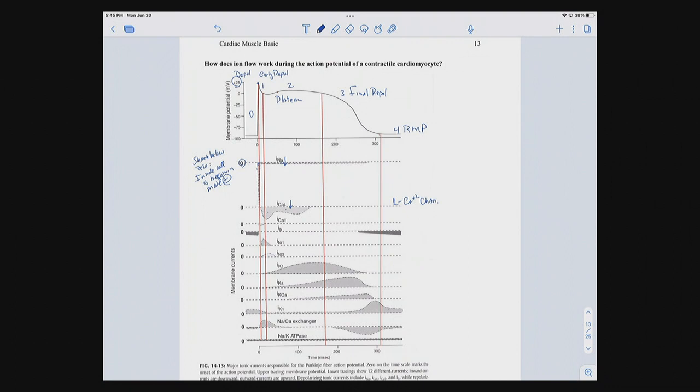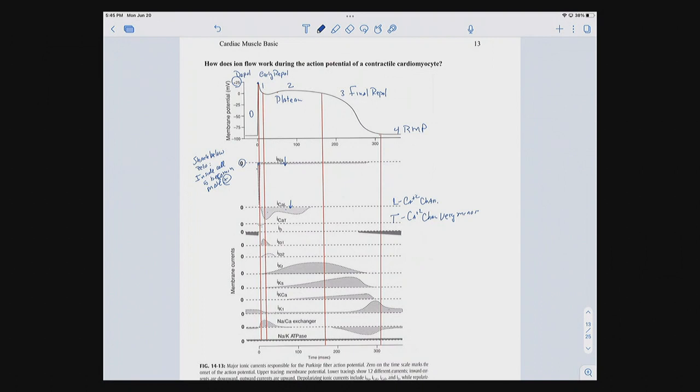Now you'll note here are our T calciums. Now the T-type transient calcium channels, which this author puts in here, are very, very minor. In fact, some texts won't even mention it. They are there in trace amounts, but again, it's not that physiologically significant.